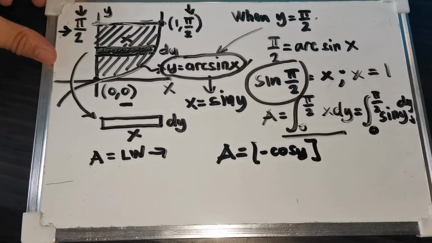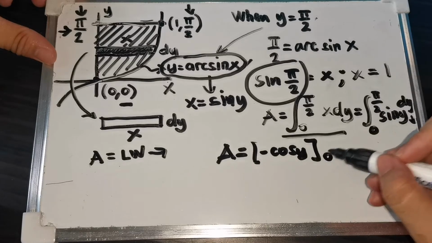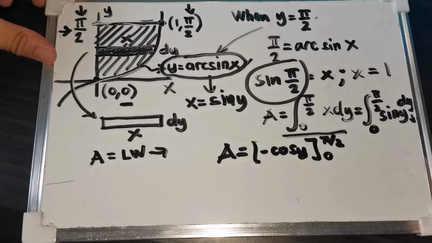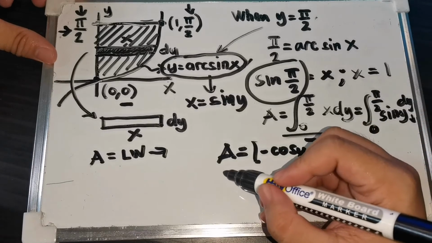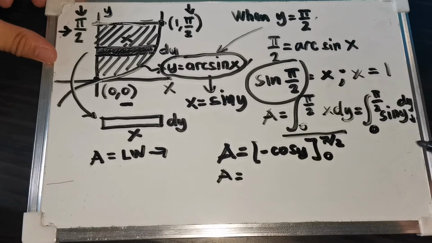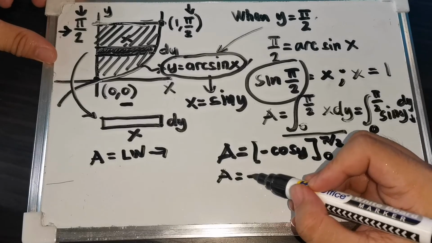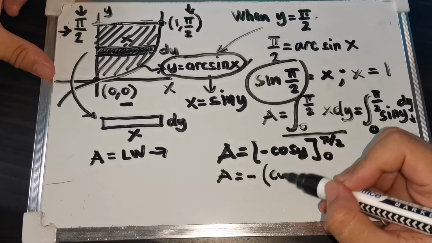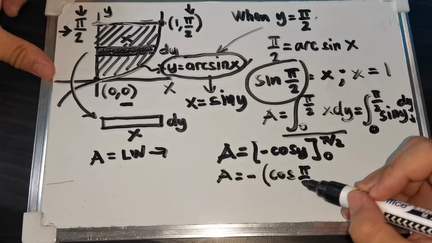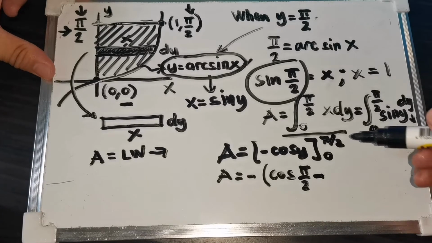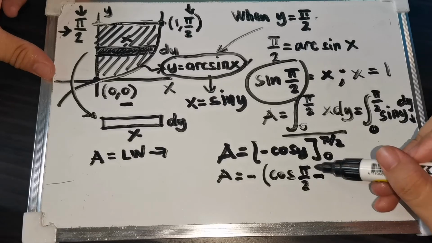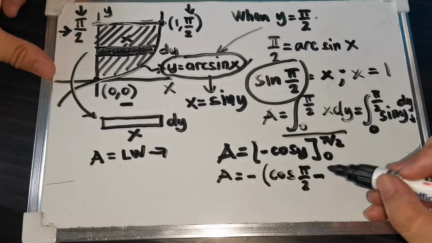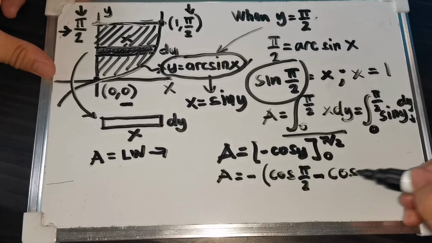Then we apply the lower and upper limits, 0 and π/2. So A is equal to negative, factoring out the negative sign, cosine π/2 minus, once we apply the lower limit, cosine 0.